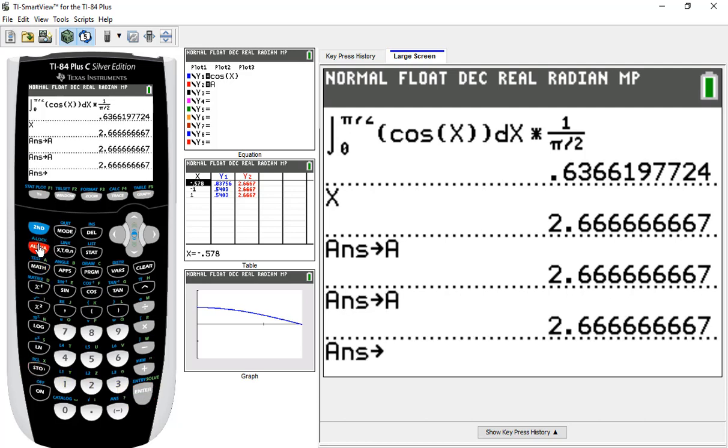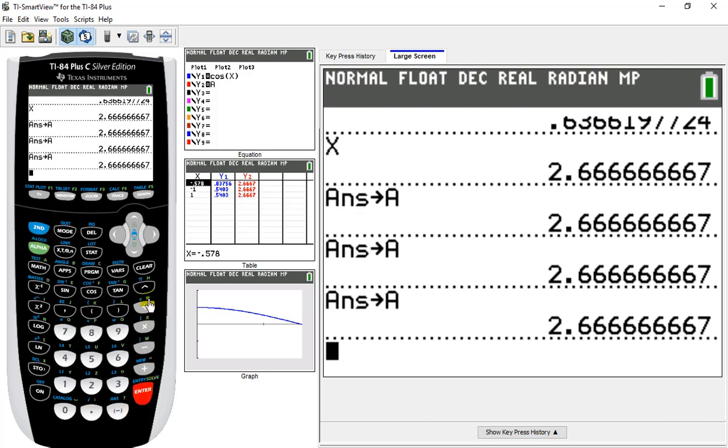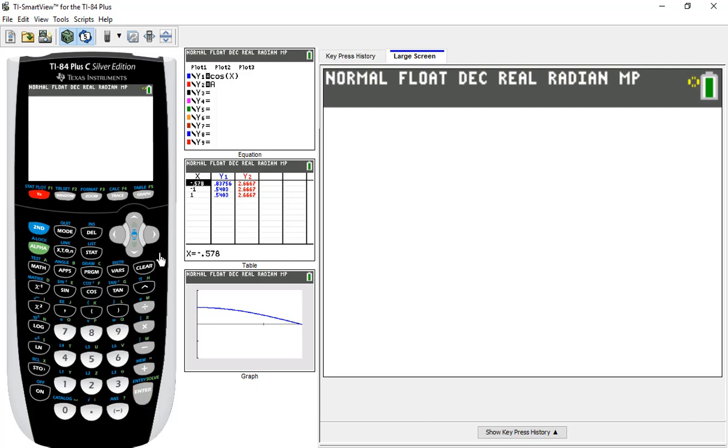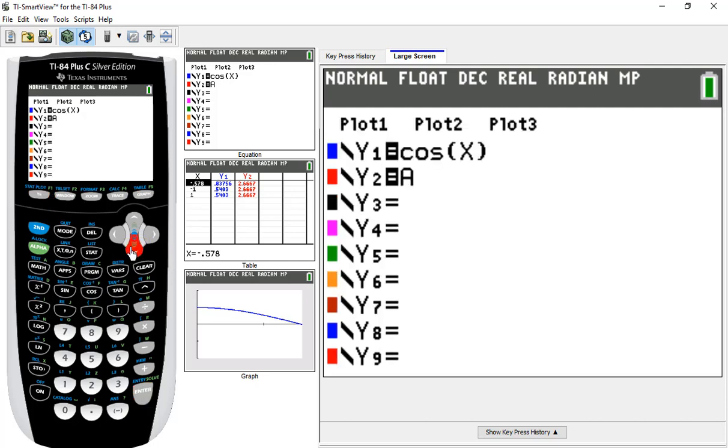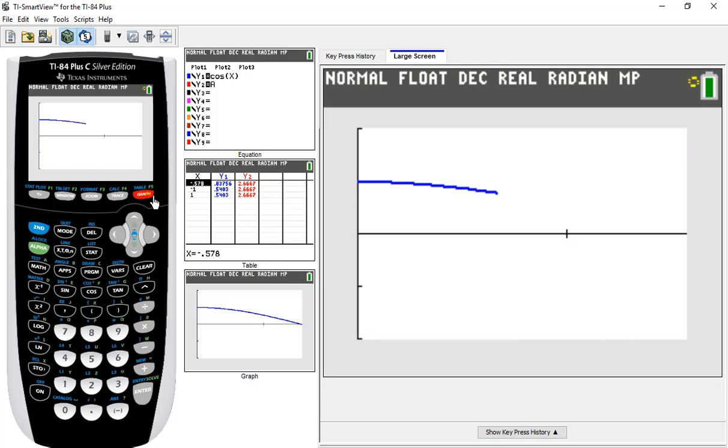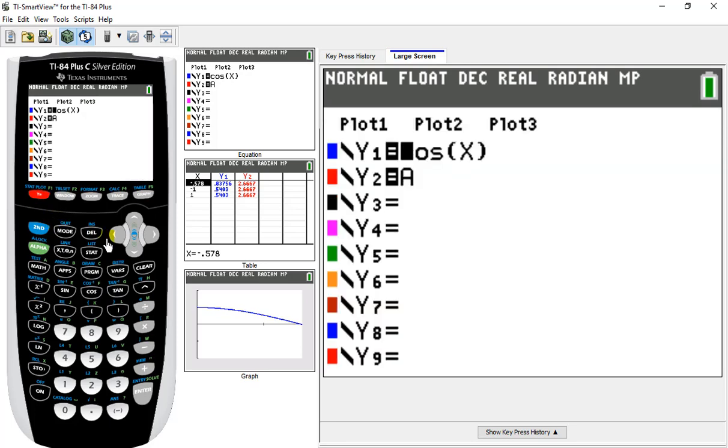One more time here, guys. Alpha A. All right, let me go back to my y equals window, and I'll just retype this in alpha A. I'm not sure why it's not doing this. Here's my first graph. Okay, so I'm not sure why it's not typing that in there. I'm going to have to figure out what's going on there. I'm hitting something wrong here.